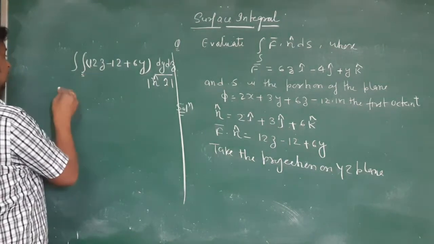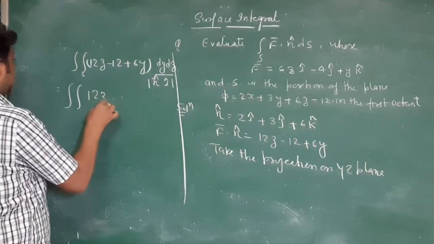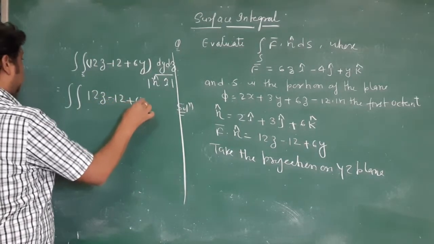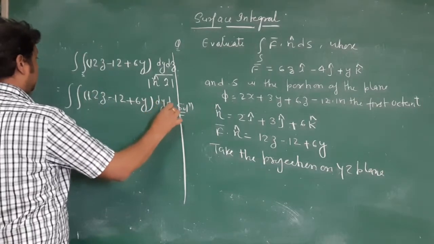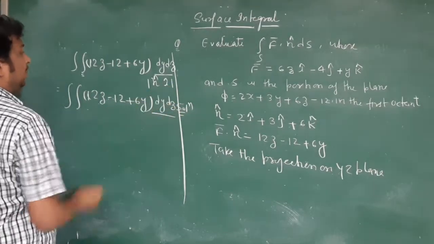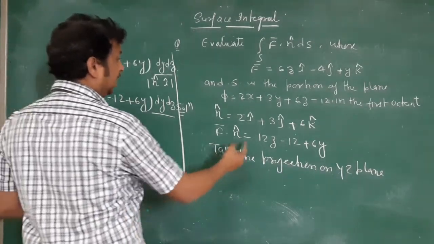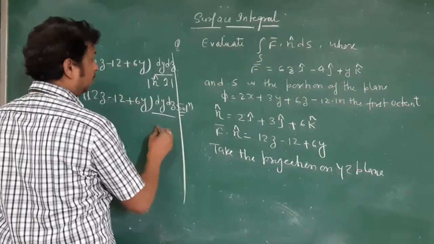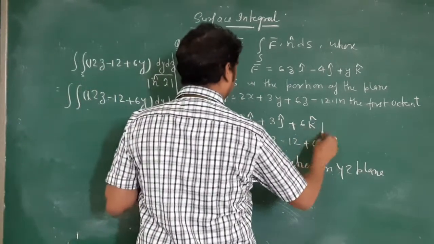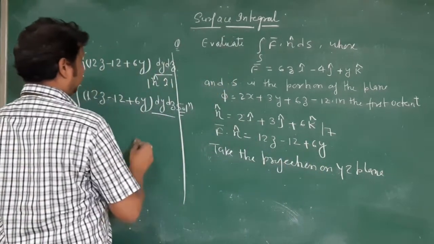N cap dot i means the value 2, divided by 7.